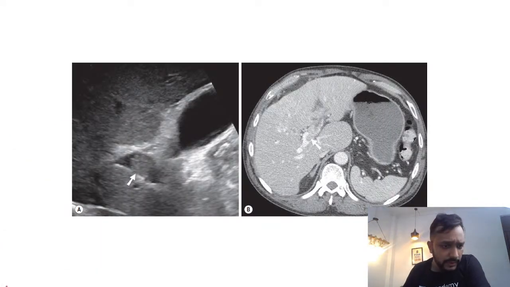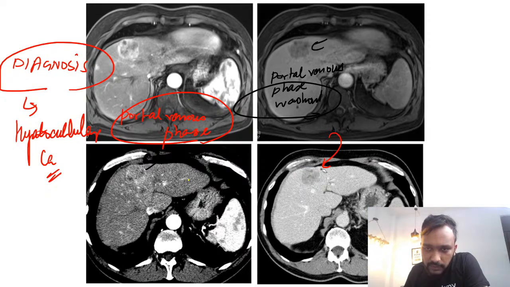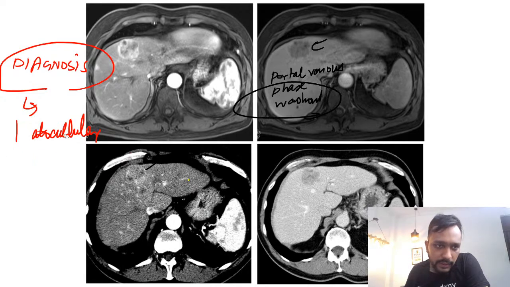Okay. So, guys, just remember, what do we understand by the term portal venous phase washout? In portal venous phase washout, the enhancement of the lesion as compared to the surrounding liver parenchyma will decrease.